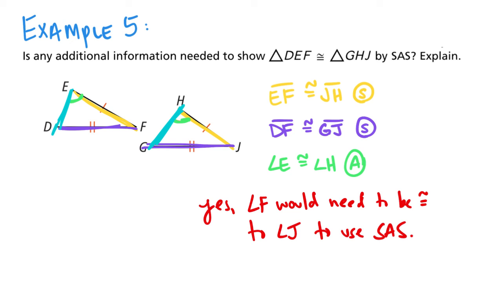So I could add to my answer here. I could say, or segment ED needs to be congruent to segment GH. If I wanted to use SAS, one of these two things would have to be true.